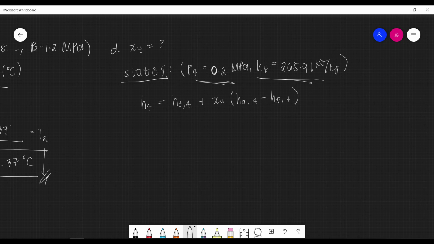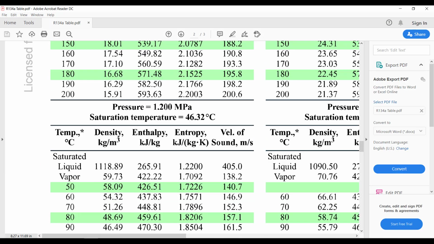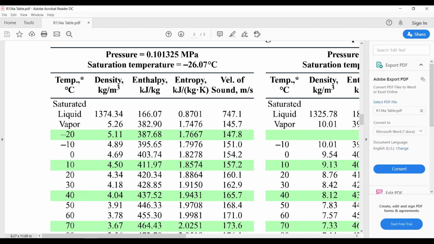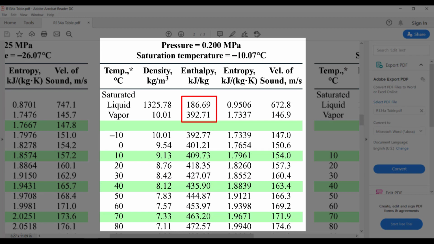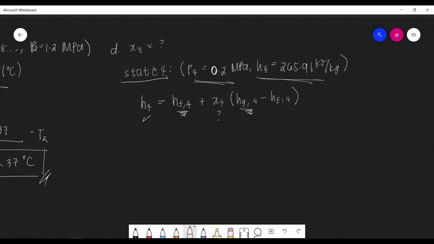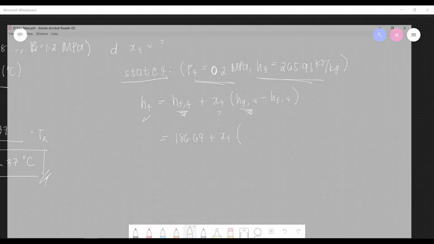So, anong mga alam natin dito? We already know H4. We are looking for the quality. And actually, makukuha natin ang mga values na ito sa ating refrigerant tables. So, let us go to 0.2 megapascals in our refrigerant table. Somewhere here. And we know that saturated liquid enthalpy is 186.69. So, this is going to be 186.69 plus X4 times Hfg. So, ano si Hfg?